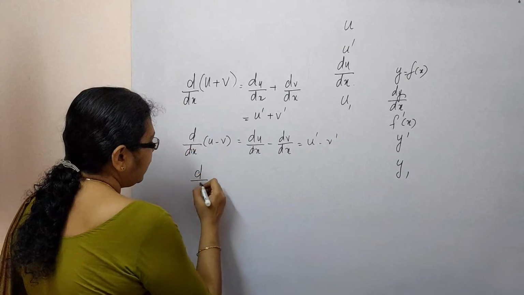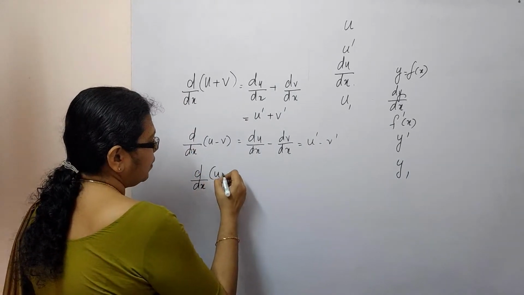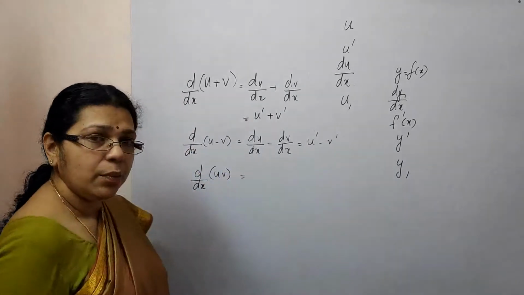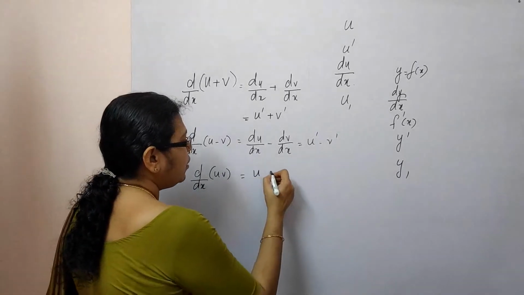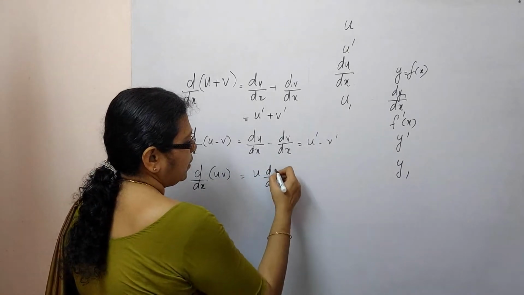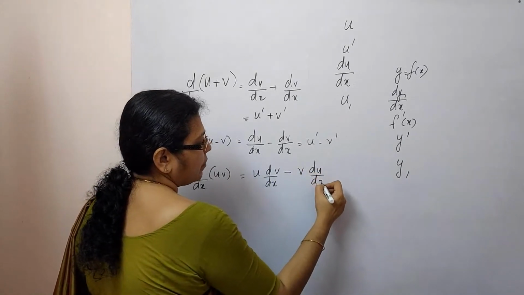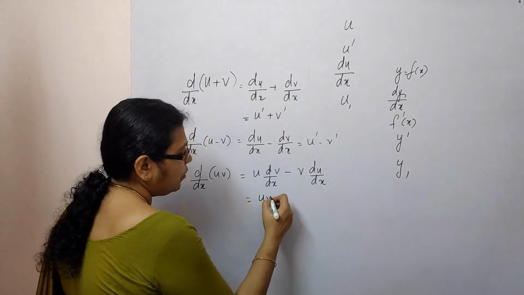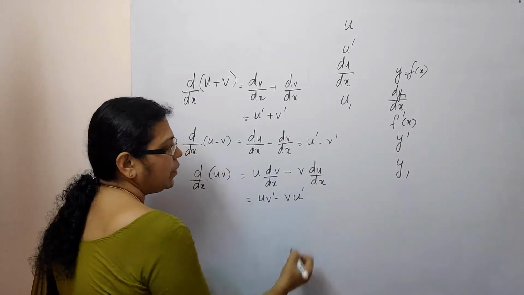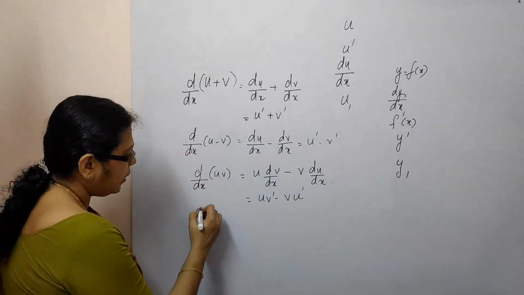Now d by dx of uv. Here we are going to use the product rule. First function into derivative of the second plus second function into derivative of the first, that is u into v dash plus v into u dash. Next, the quotient rule.